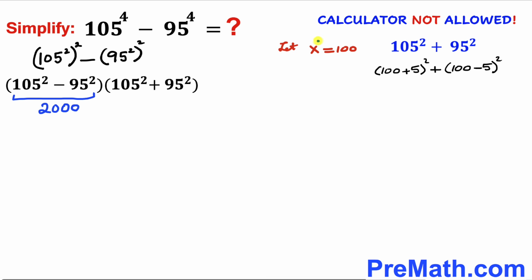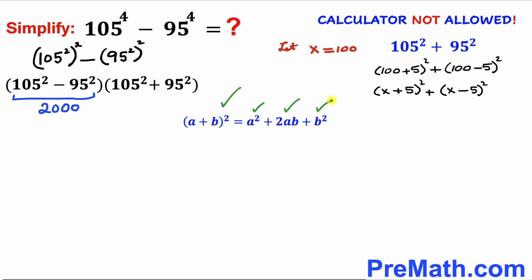And now our x equal to 100, so therefore this 100 becomes x, and likewise this 100 becomes x as well. And now let's recall another famous identity. A plus b whole square could be written as a square plus 2 times ab plus b square. We are going to apply this identity on this first binomial.